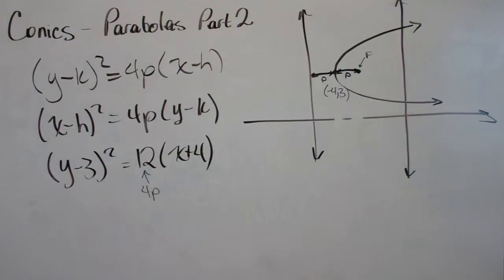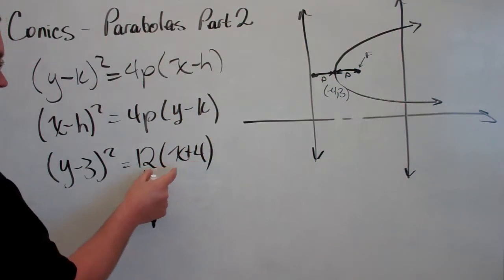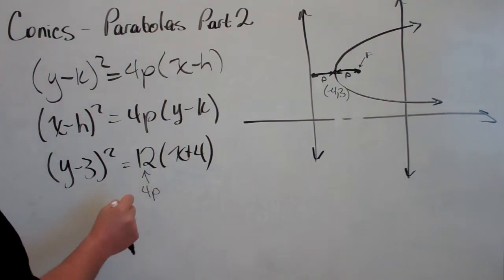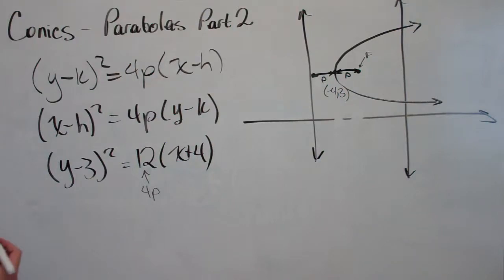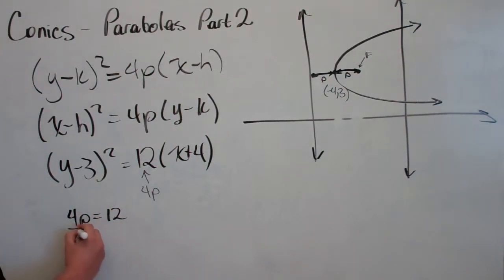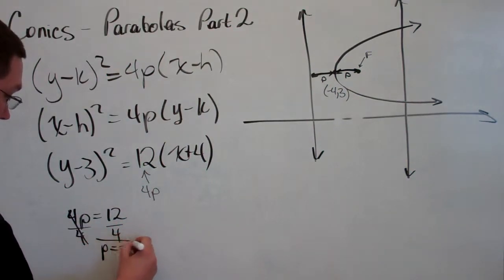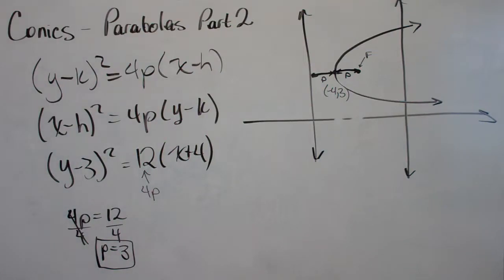So the number on your non-squared term, the number in front of it, not the number added or subtracted, but the number multiplied to the parentheses, that is 4p. So just set 4p equal to that number and solve for p. So p equals 3, because that's 12 divided by 4.